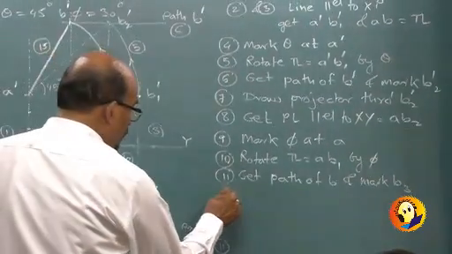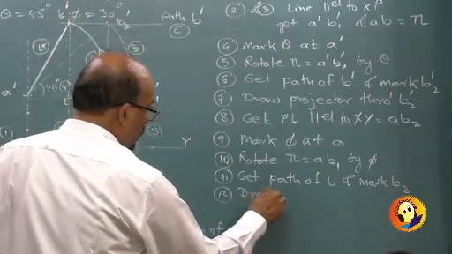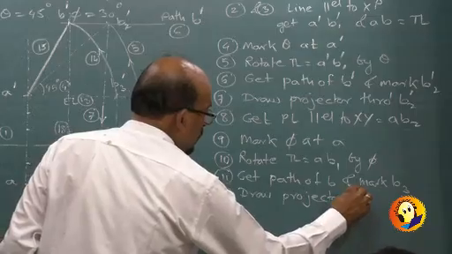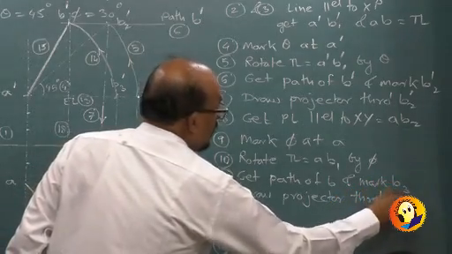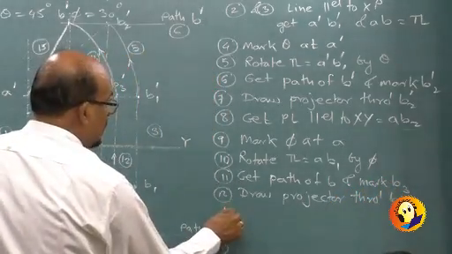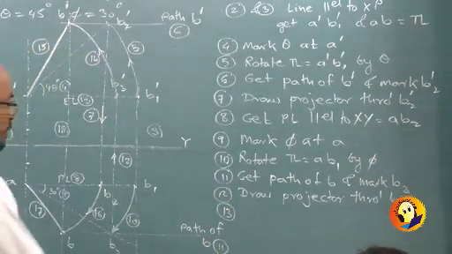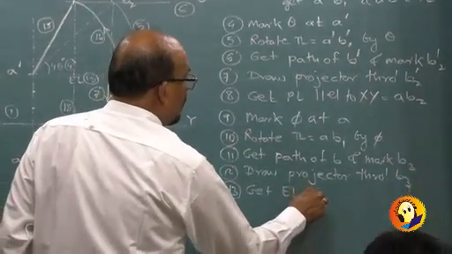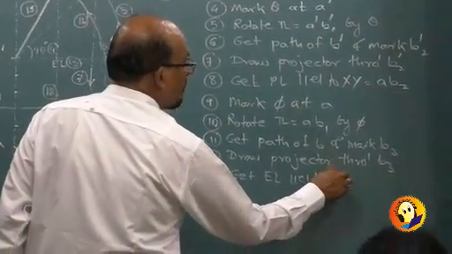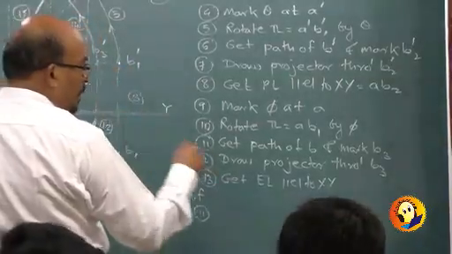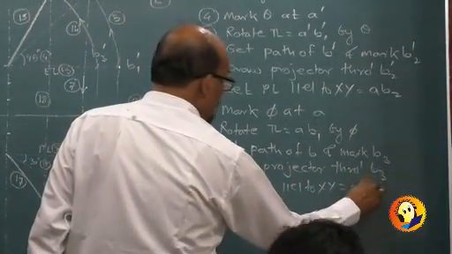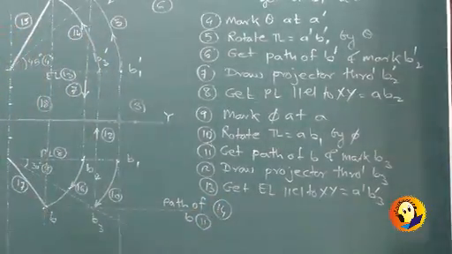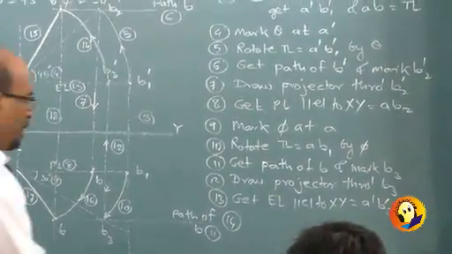Step number 12. Draw projector through B3. Step number 13. Get elevation length parallel to XY equal to A dash B3 dash. Step number 14.